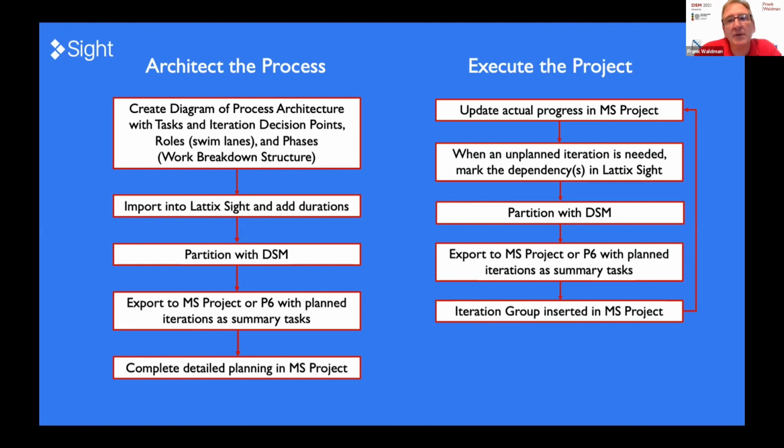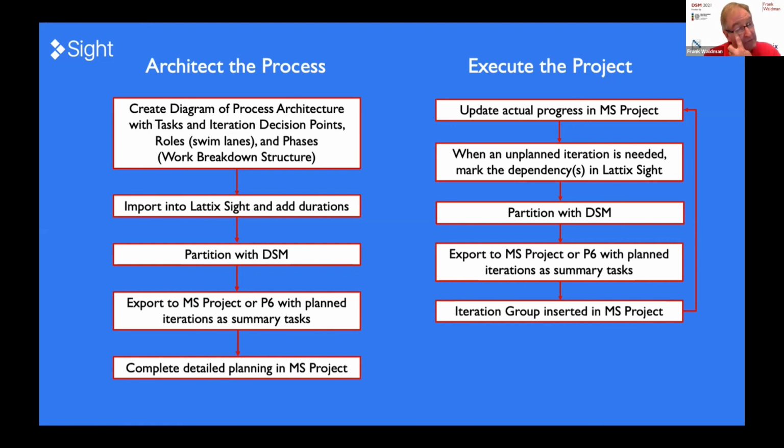But then when you hit unplanned iterations, you would go back to Sight, mark those iterations, repartition in the DSM, and then essentially what is exported from Sight is an iteration summary group of tasks that need to be repeated, that then get inserted into your project plan, because we all know that these project planning tools don't handle iterations. They're all serial. So that's the overall approach.